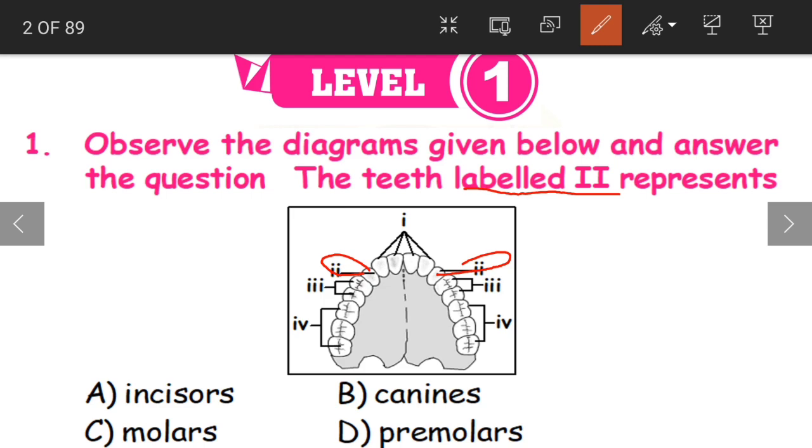Are they incisors, canines, molars or premolars? And the answer is, children, canines. So we use these teeth for tearing our food. Clear? So the answer is canines. They are just behind the front 4 teeth. Okay, clear?